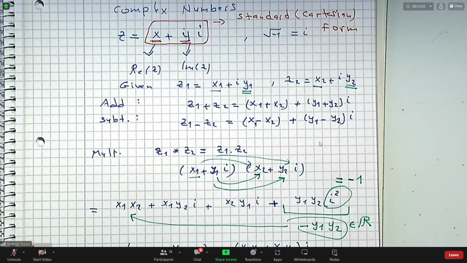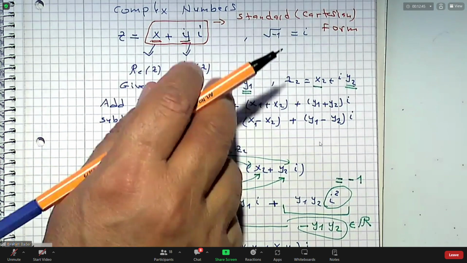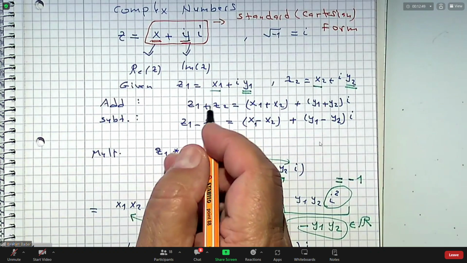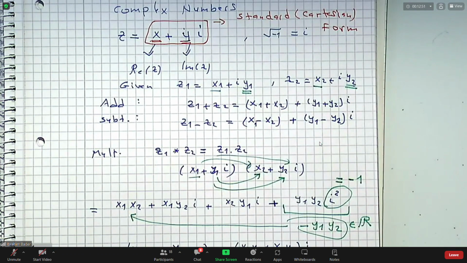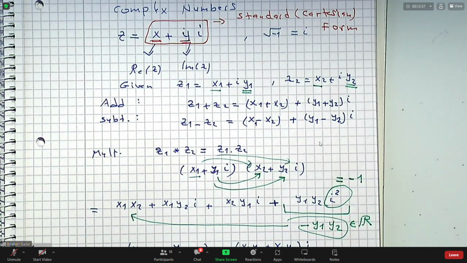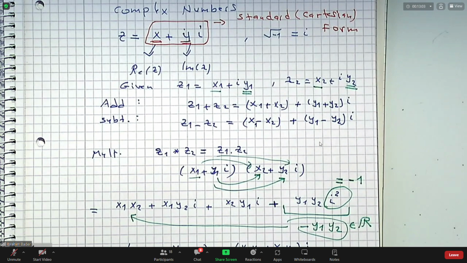Now, using numbers in this form and dividing them, let's assume we start with z1 and z2 as defined above. Here, z1 divided by z2 is equal to x1 plus i y1 over x2 plus i y2.